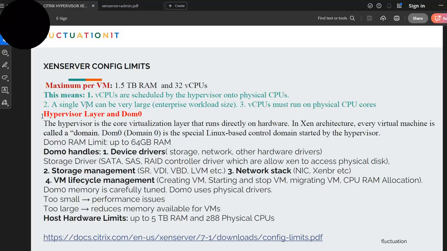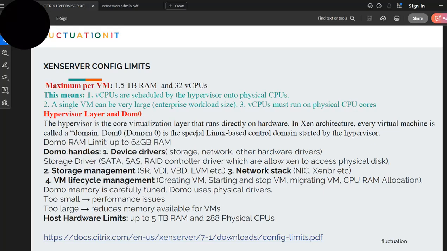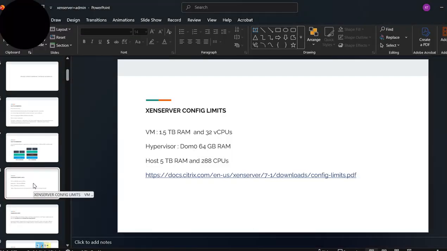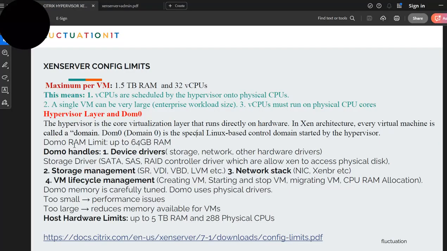Now, the hypervisor layer and Dom0. This is very important. The hypervisor is the core virtualization layer that runs directly on the hardware.